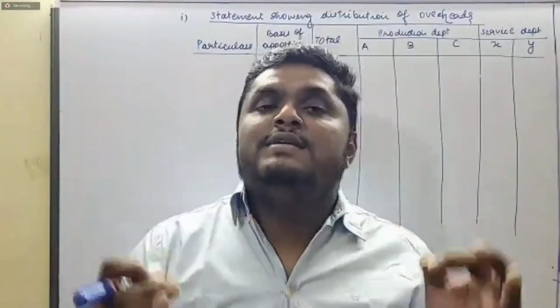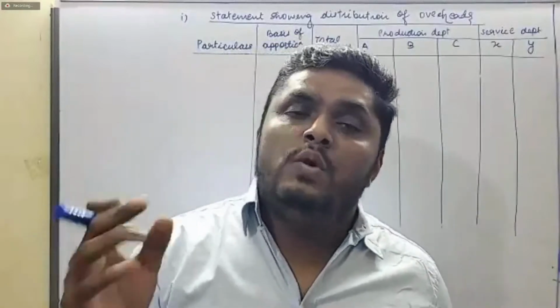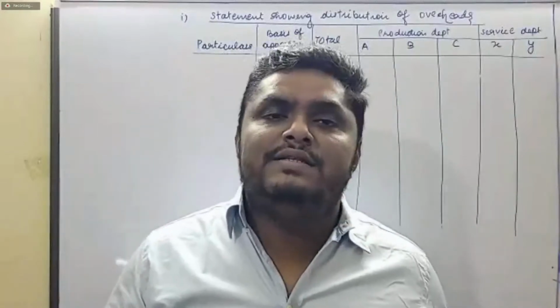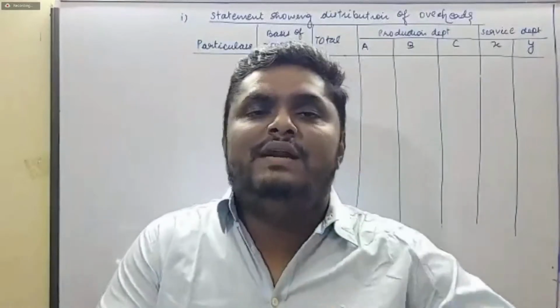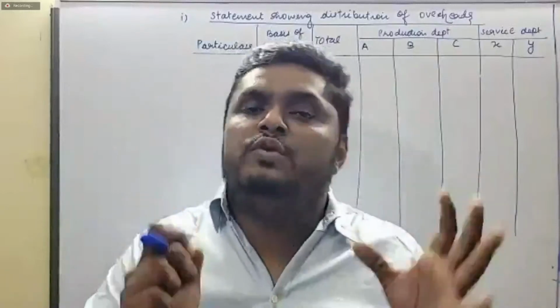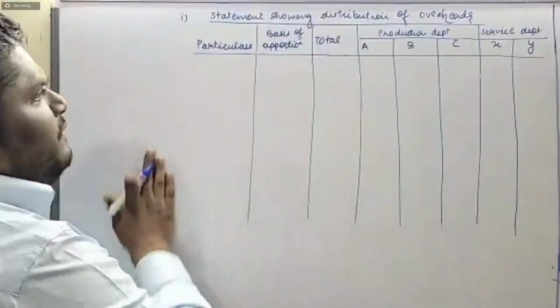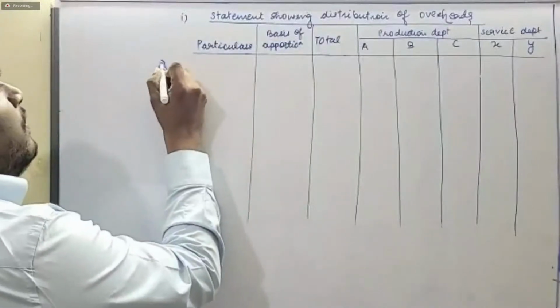I repeat again, since no units are manufactured in the service department, whatever cost is incurred in the service department, whether it is direct material, direct labor, or other expenses, all will be reapportioned to the production departments.